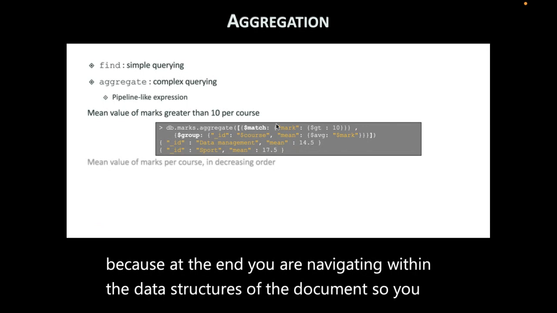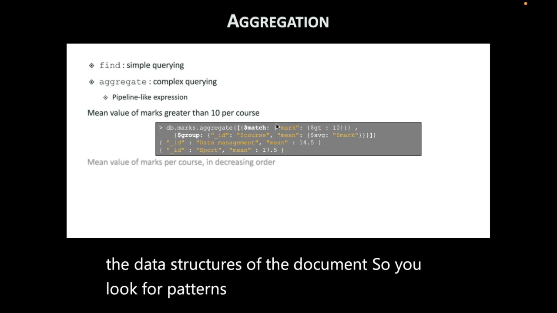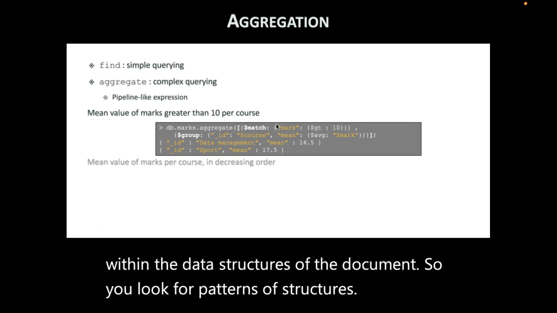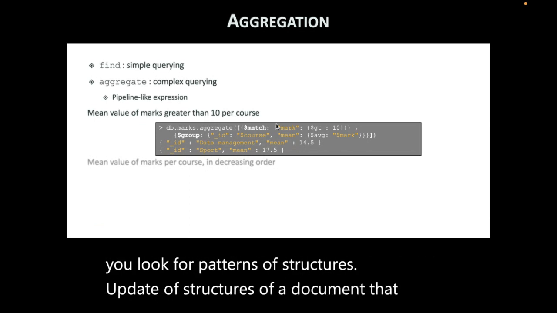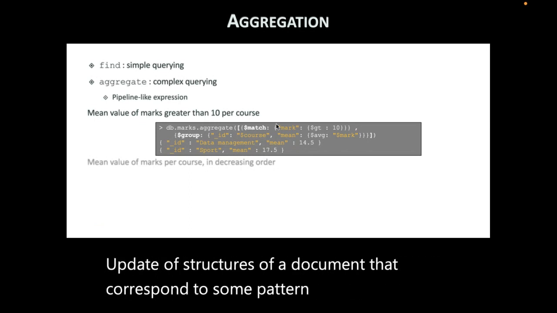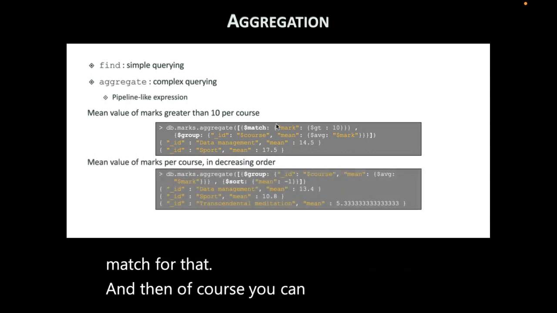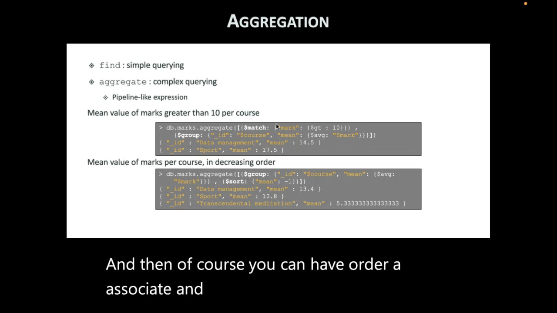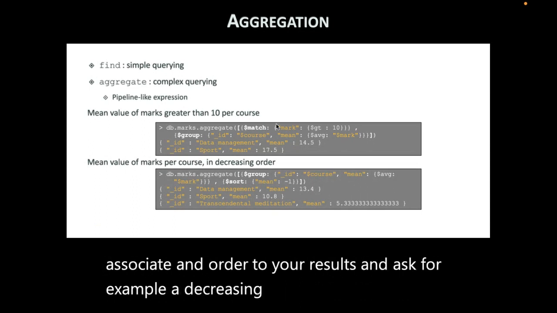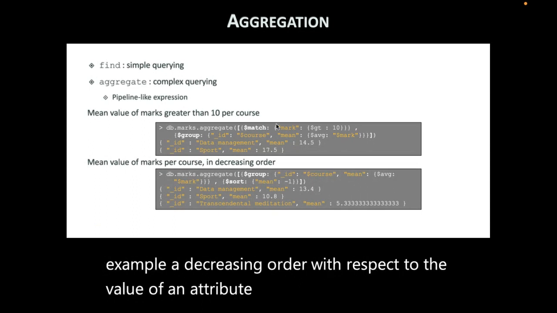So you look for patterns of structures of data of a document that correspond to some pattern. Okay, so you use match for that. And then, of course, you can associate an order to your results and ask, for example, a decreasing order with respect to the value of an attribute or an increasing order, etc.